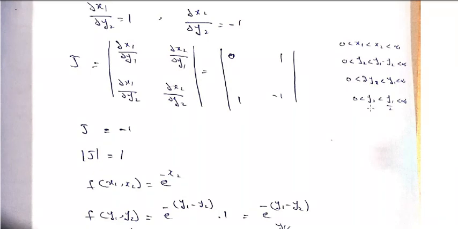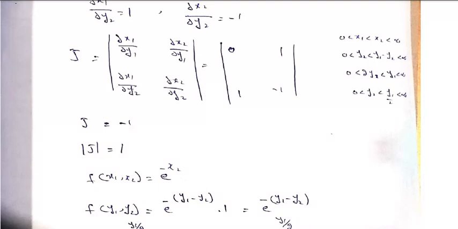For the limit of y2, y1 over 2 gives 0. Now the limit of y2 is 0 to y1 over 2 and the limit of y1 is 2y2 to infinity.